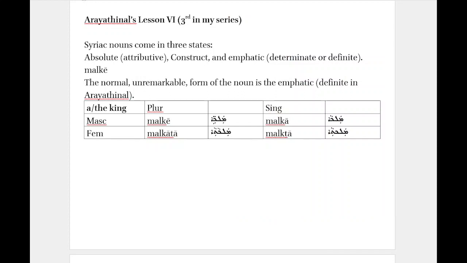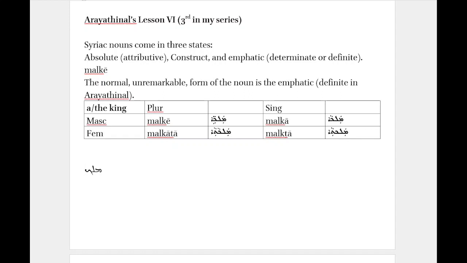So the noun in Syriac has a common form, kind of unremarkable, the form we assume, or dictionary form in the sense that it's the way you'd look it up in a dictionary. And that one usually ends with skapa elep. So if we look at the word king, this is the root that has to do with ruling.